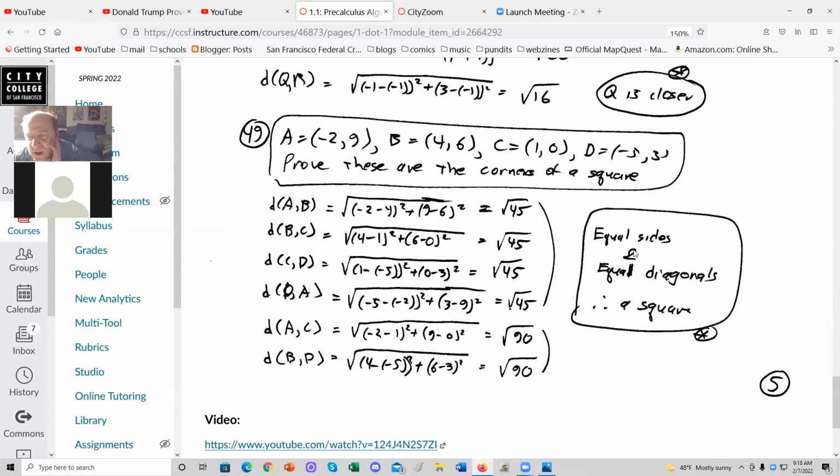Now here we have a cute one. 4 points, -2 by 9, 4 by 6, 1 by 0, -5 by 3. Prove that these are the corners of a square.